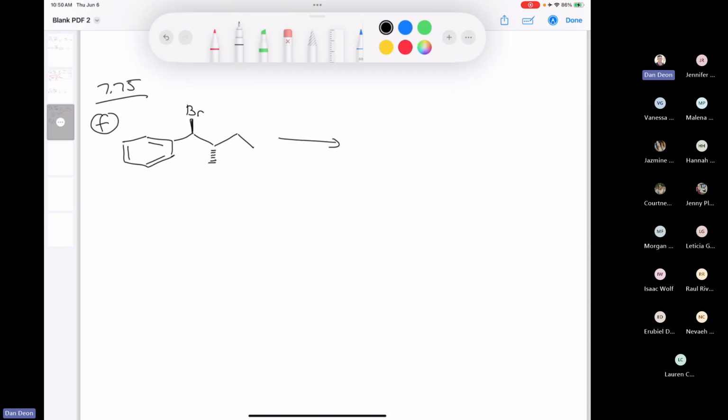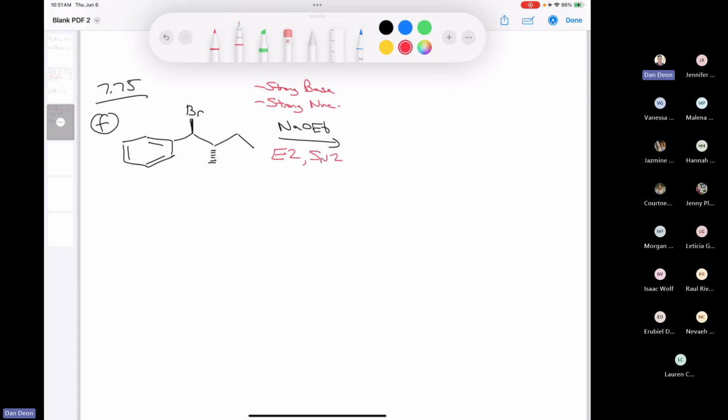And so we have a secondary benzylic halide, and so we're going to treat that with sodium ethoxide. And remember, ethoxide is a strong base, and it's also a strong nucleophile. And since we're secondary, we're going to get mostly E2, but we're going to get some SN2 as well.